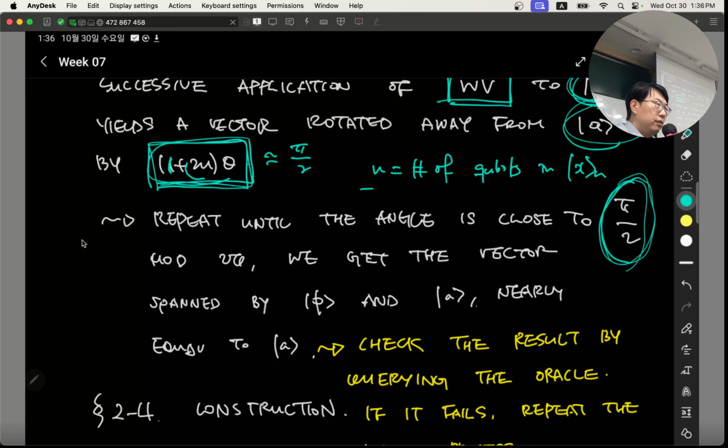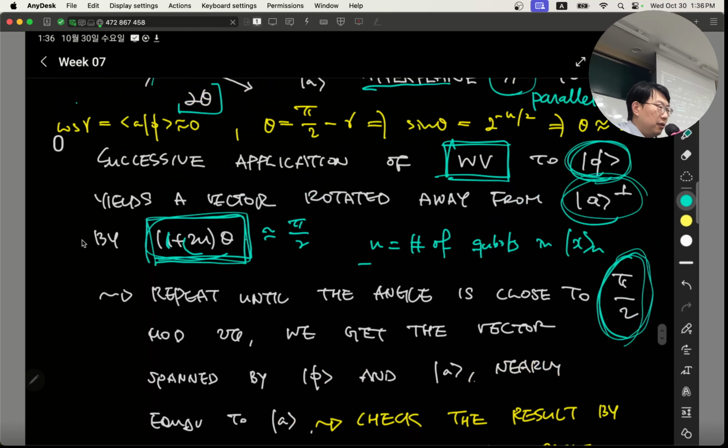So that's why it's a famous algorithm that supersedes the classical algorithm. It's kind of simple, but the problem is that it's not really efficient.